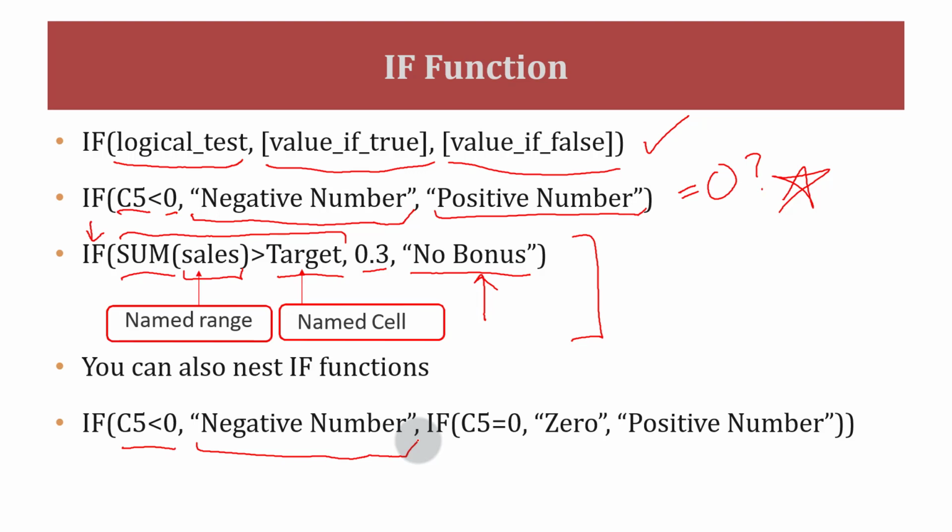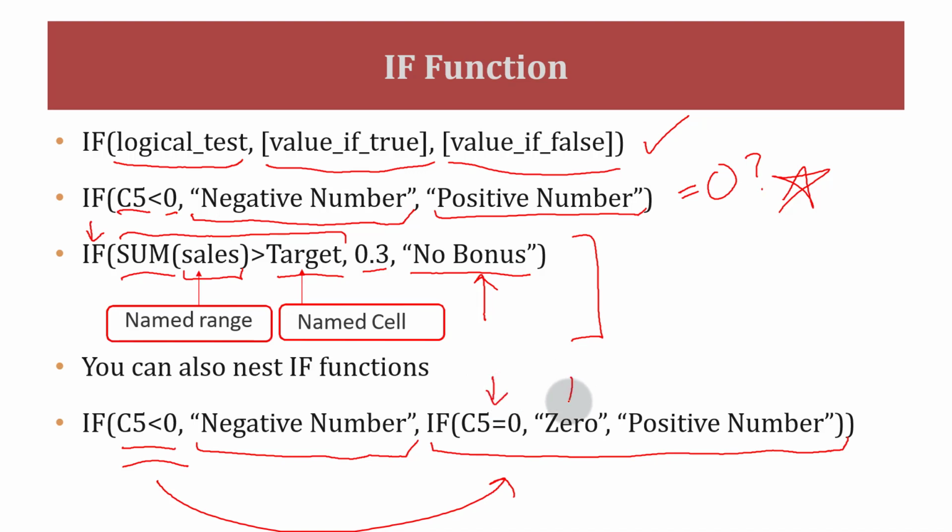So we actually nest another if function into our original if function in the location where the false argument needs to be. So what will happen is if C5 is not less than 0, then Excel will move to this if function and we'll say if C5 is equal to 0, we'll call that 0.